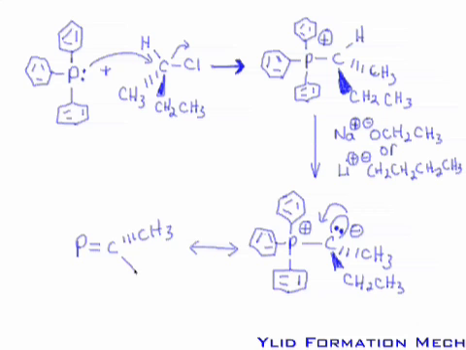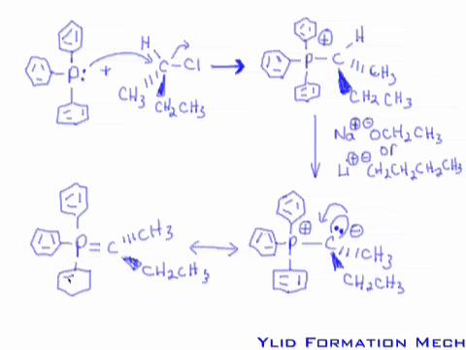Carbon will go sp2 hybridized, and phosphorus will have its 3 aromatic rings.